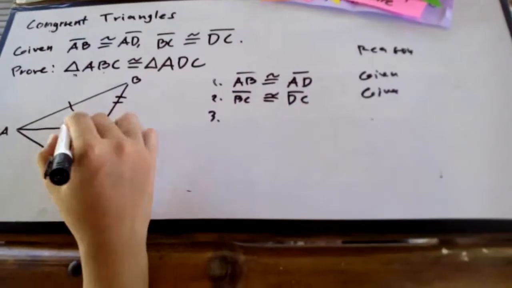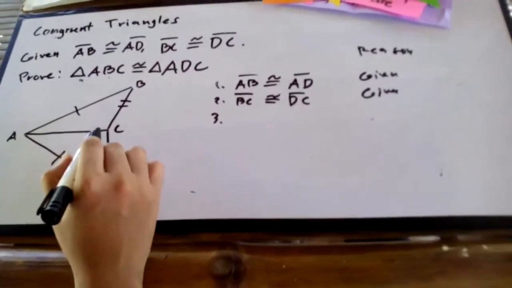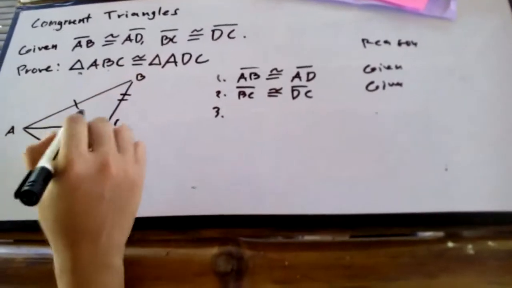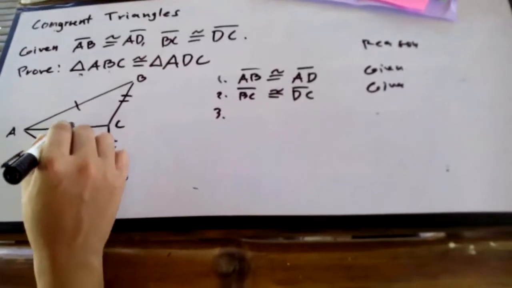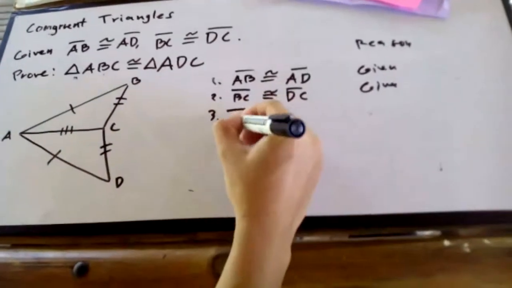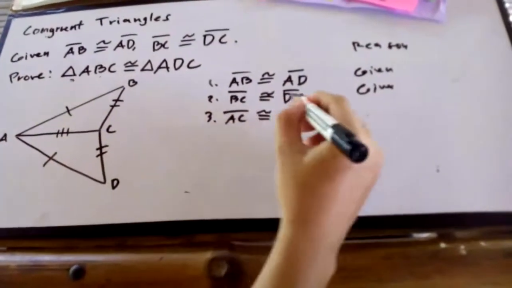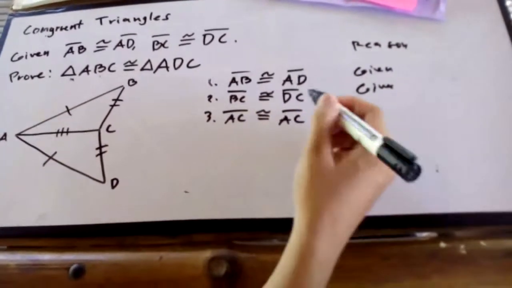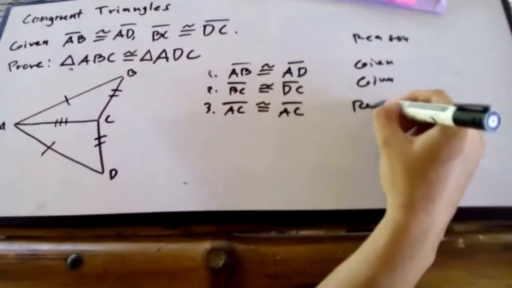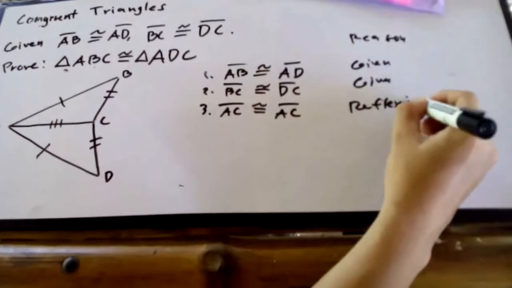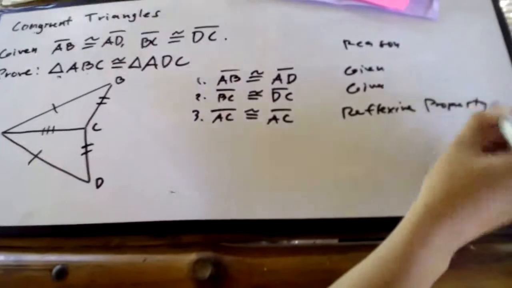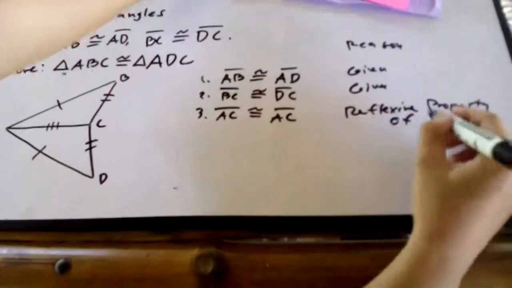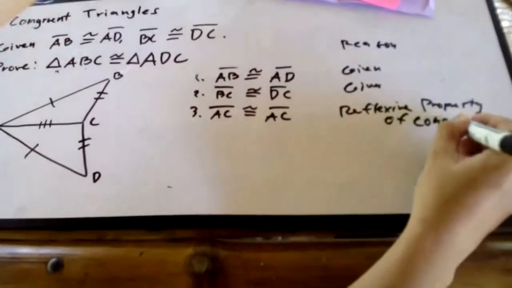Oh, I see, the line here is common. By the reflexive property of congruence, we can say that line AC is congruent to line AC, with the reason: reflexive property of congruence.